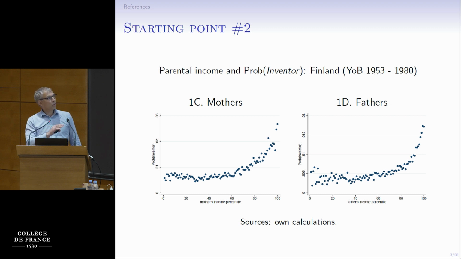To explain how we calculate these: we take the parents at age 35, calculate the income across the cohort, and then look at which percentile the mothers and fathers fall in. You can see the same effect here, strongly convex all the way to the very end.